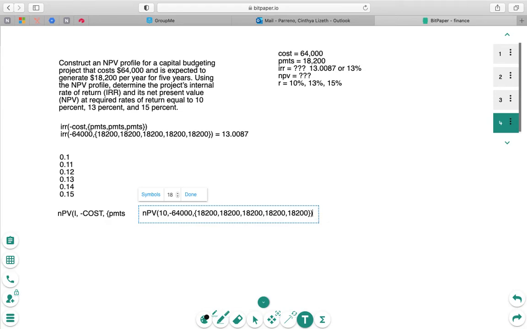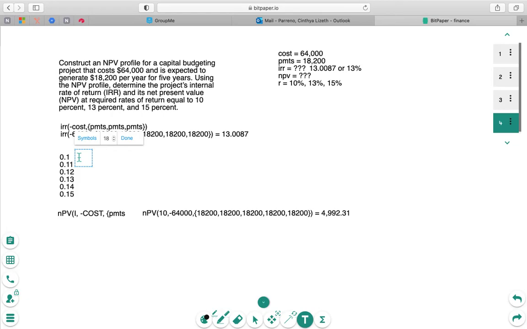It's all about format on the calculator, because if you forget a comma or add a zero, it will mess up everything. That should give you 4,992.31. So that's your NPV for 0.10 or 10%.